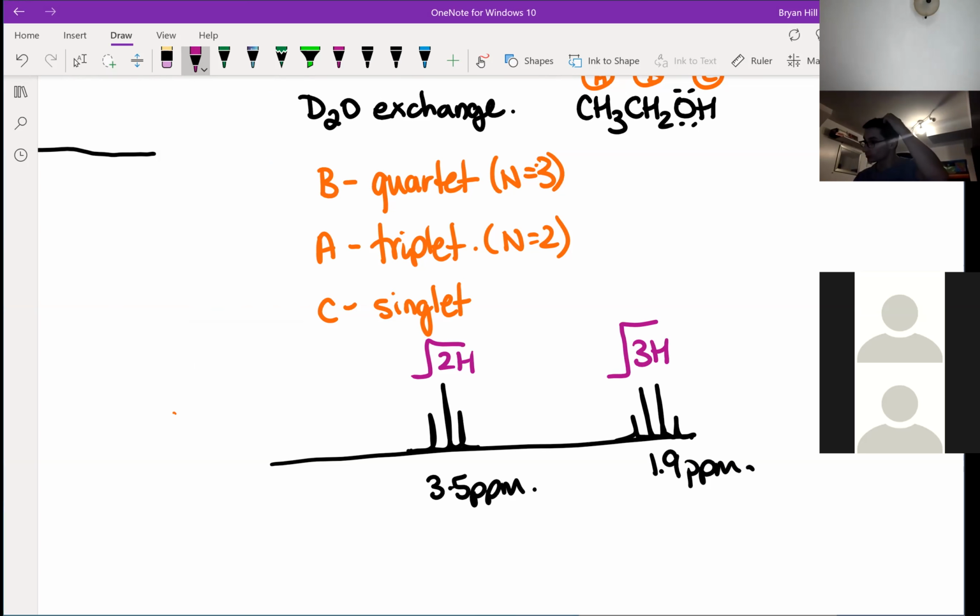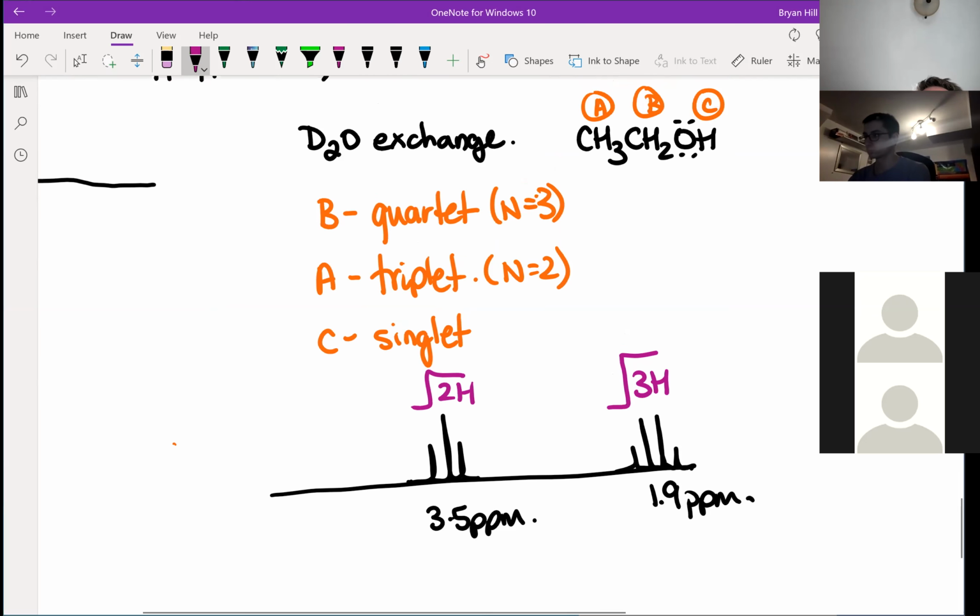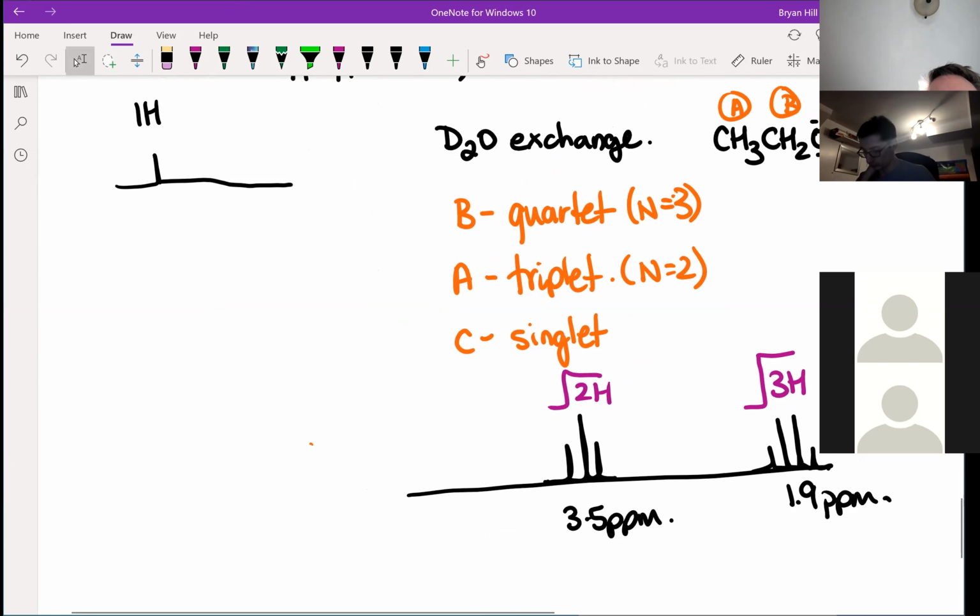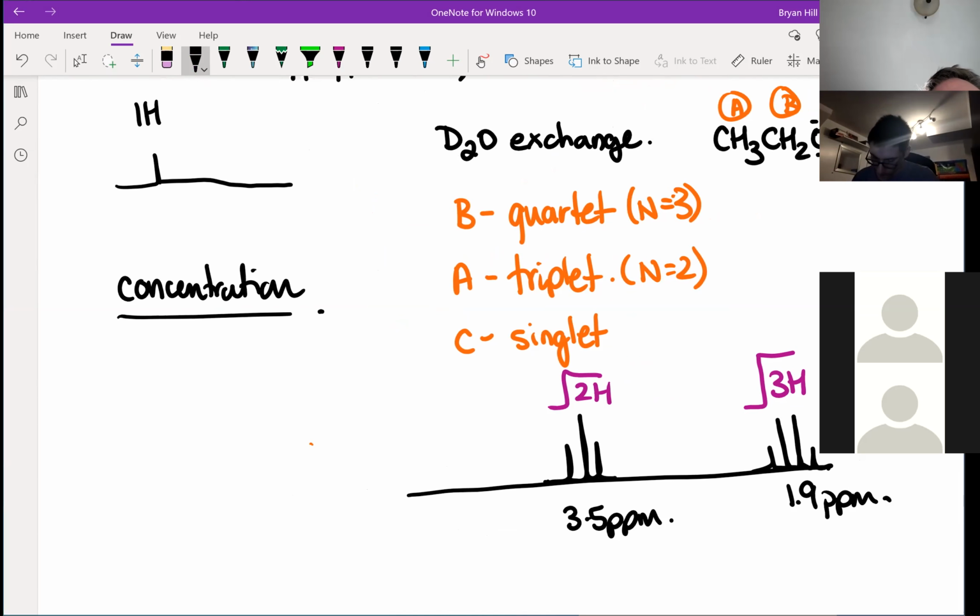Now this is interesting. Where it shows up is variable, because remember on our correlation chart, it went across a wide range of values. There's a couple of reasons why it happens like this. One of them is the fact that it depends upon the concentration of the sample. So it's very similar to infrared. If you've got a really concentrated sample and you're running it, the hydroxyl group can hydrogen bond, right?